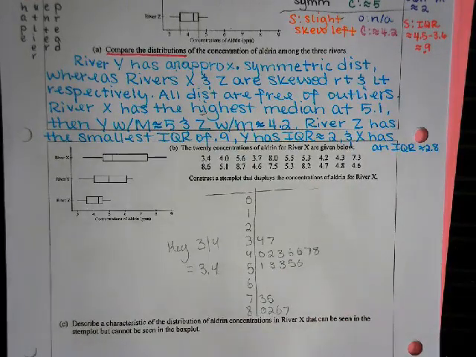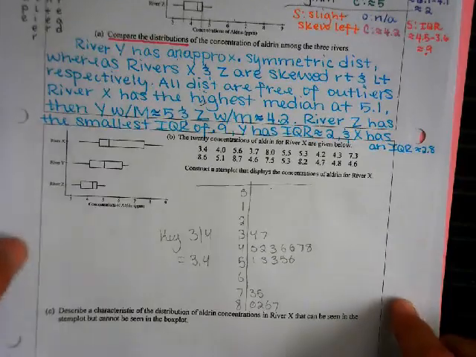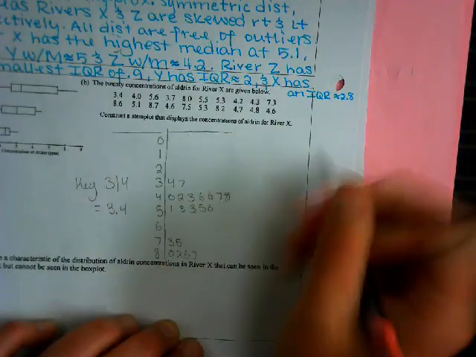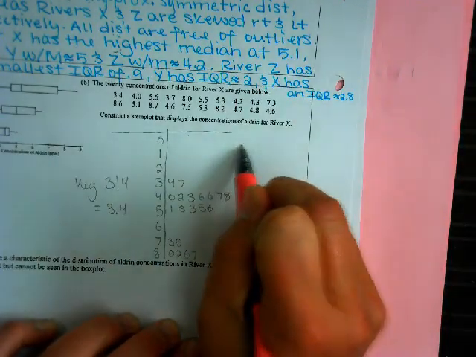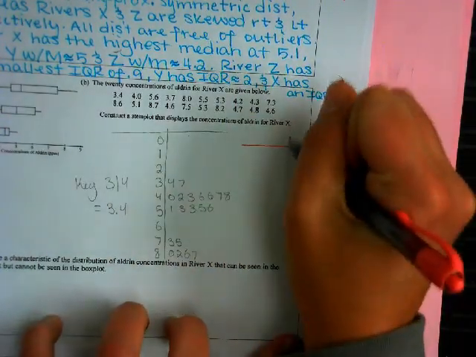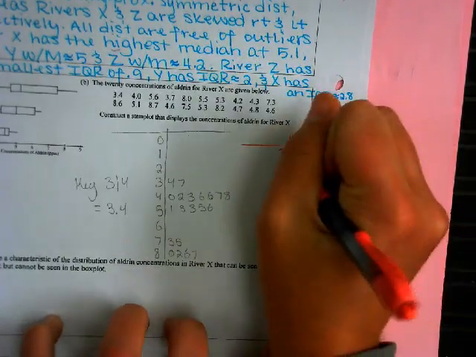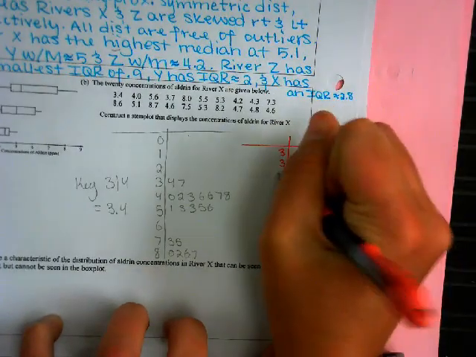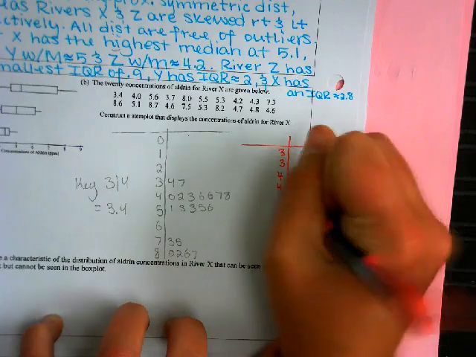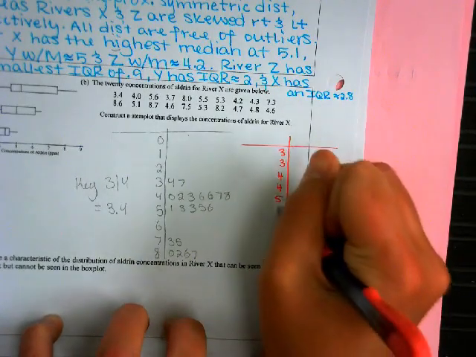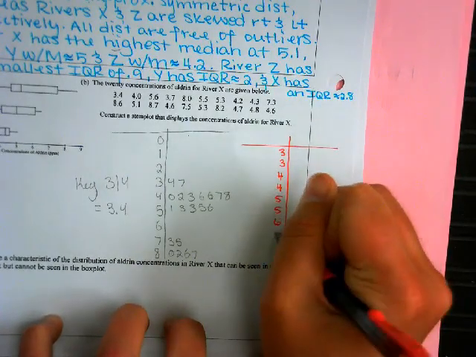I'm not going to put 0, 1, and 2 because I'm going to list 3 twice and 4 twice, so I'm going to skip a few of those numbers. I'm making the same stem plot but with split stems so you can compare them, because I'm going to point something out.